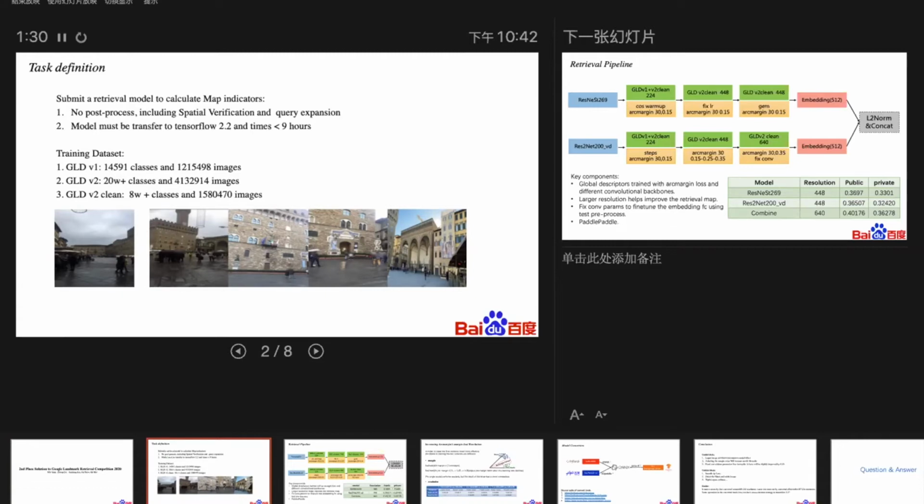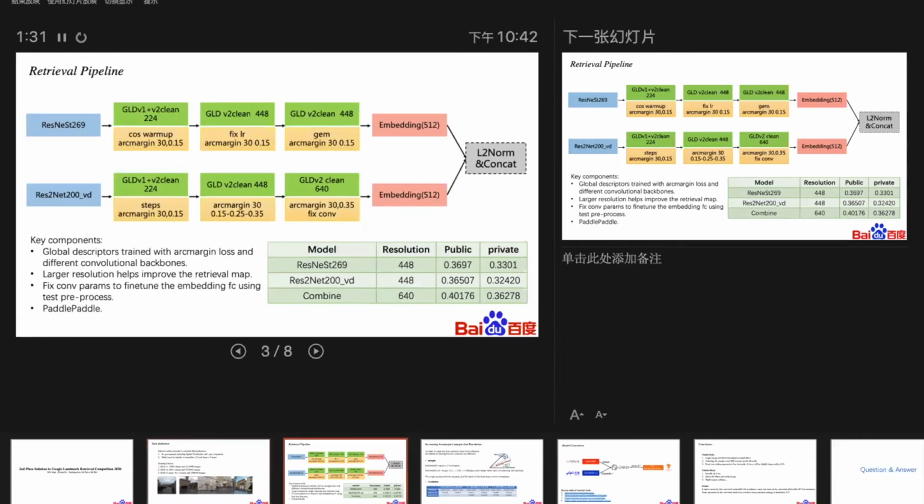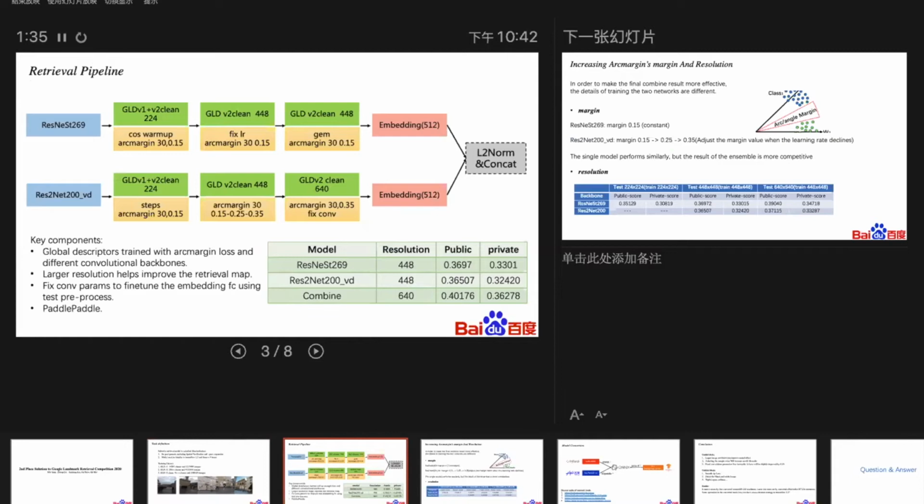Our solution is as follows. The picture shows the process of the entire retrieval pipeline. We choose ResNet 200VD and ResNeSt 269 as backbone, adding an embedding layer to reduce the dimension to 512. Among them, ResNet 200VD is trained with Paddle, and ResNeSt 269 is trained with PyTorch.